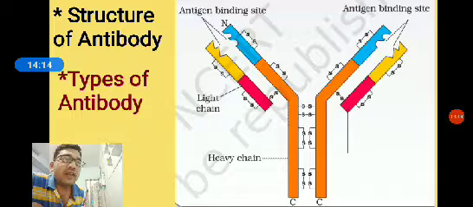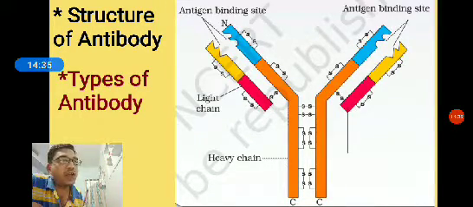The long chain polypeptides are composed of 400 amino acids, and the 2 short or small polypeptide chains are composed of 200 amino acids. Long chains are also called heavy chains. The short chains are also called light chains, and these are represented as H2L2.